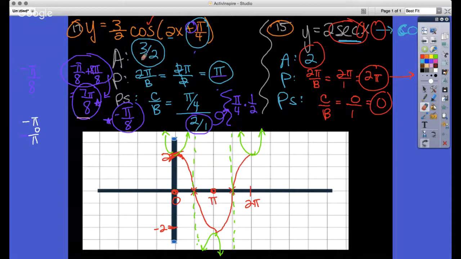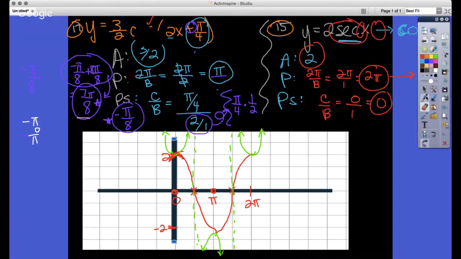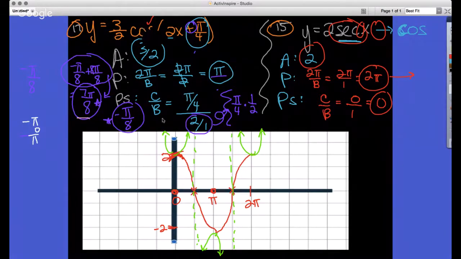Perfect. Anytime, remember I start at my beginning point at 0, I start at the top or bottom when it's cosine, right? Remember that when I talk about cosine, that's positive. At my beginning point, I start at the top. If this was a negative cosine, I would start at the bottom. If this was a positive sine, I would start through, right?